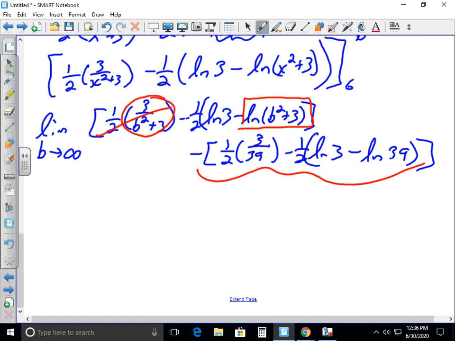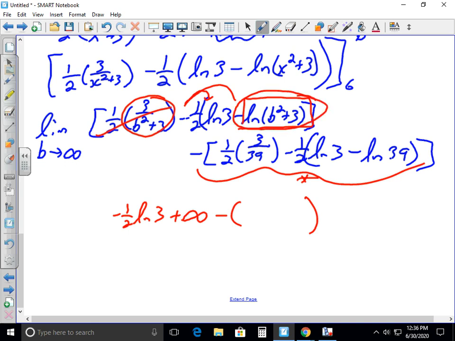If we distribute our negative, we're going to have a minus 1/2 natural log 3, minus a negative makes that positive, and that's going towards infinity. Then we have minus some constant that we get from here. So since this piece here goes to infinity, the constants are not really significant.